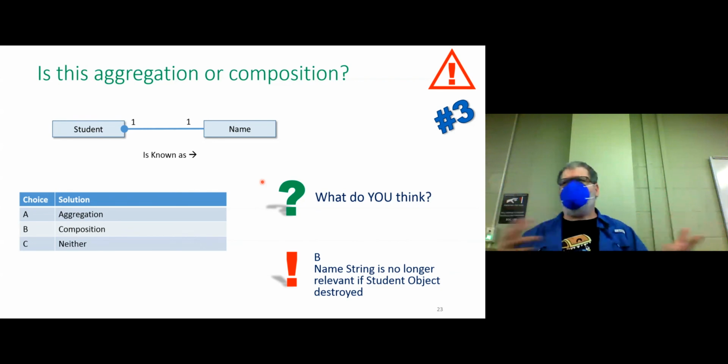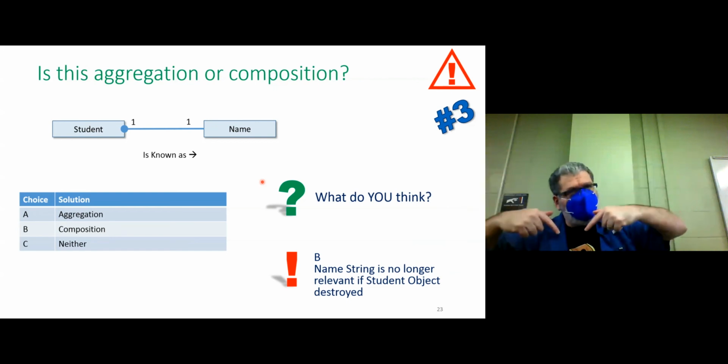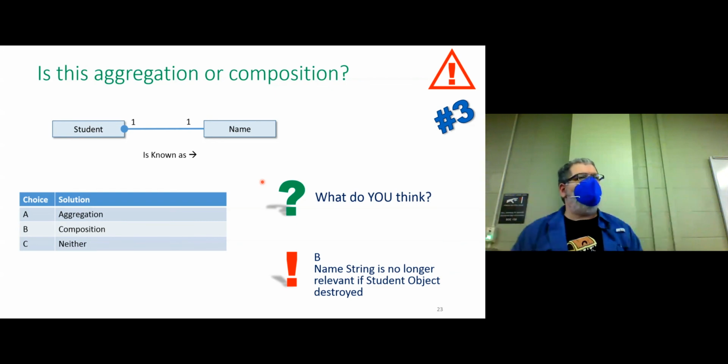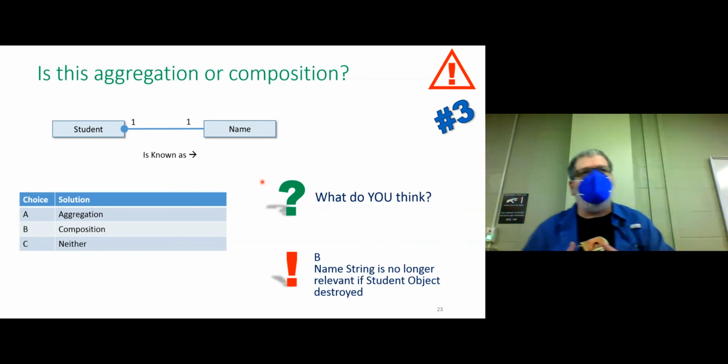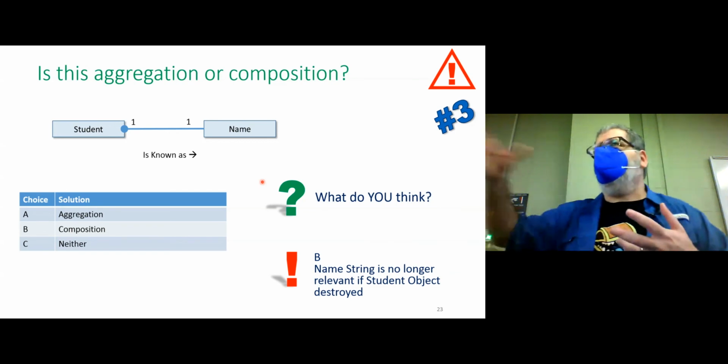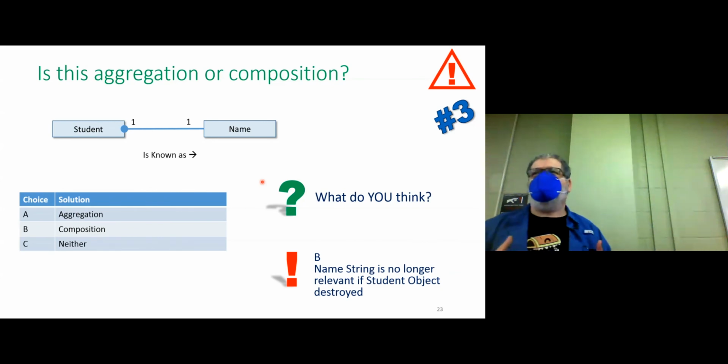And if two students have the exact same name, then I want to have both of those student objects reference the same name object. Wow, if I start doing that, then there's a problem. If I start doing that, then it's no longer a composition. When a student goes away, I don't necessarily destroy the record of his or her name. You see what I'm saying?